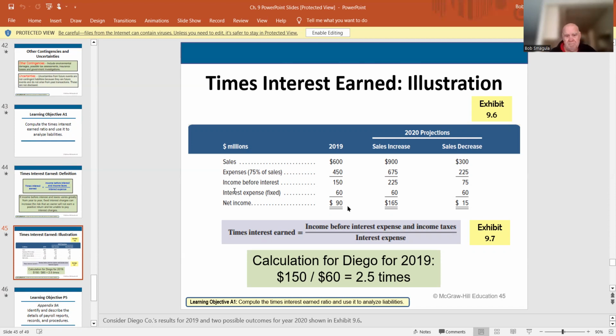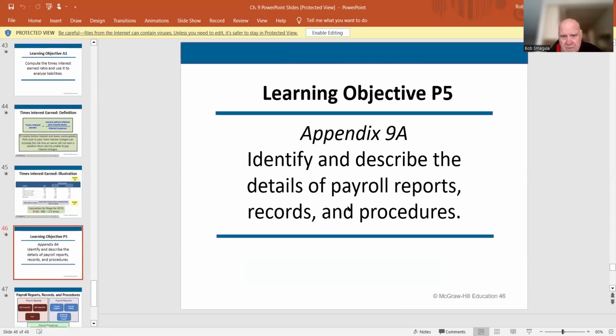They divide out 150 divided by 60, and their income before interest is 2.5 times their interest expense. So they have the ability to pay down their interest expense. Although I got to tell you, $60,000 in interest expense on overall income, that's a 40% click there.